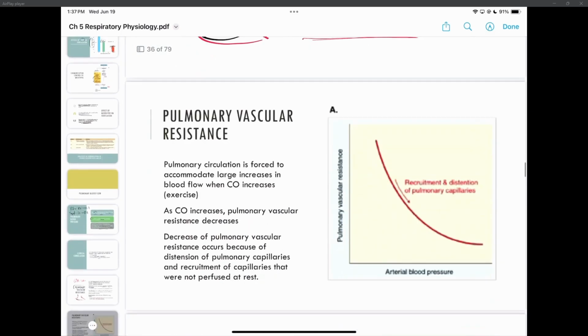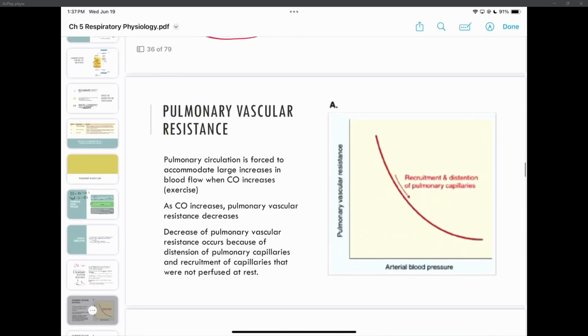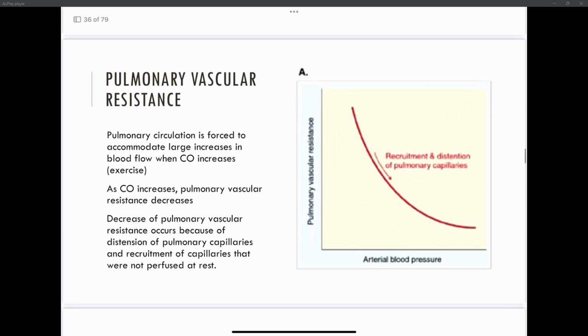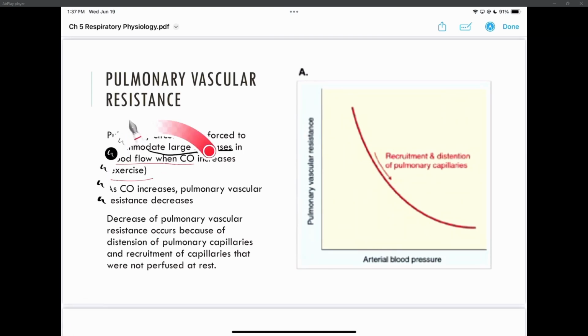Okay. So, look at this graph. Pulmonary vascular resistance. Pulmonary circulation is forced to accommodate large increases in blood flow when cardiac output increases. Exercise. We need more blood going into the lungs so that we can perfuse it and get more oxygen into the system.